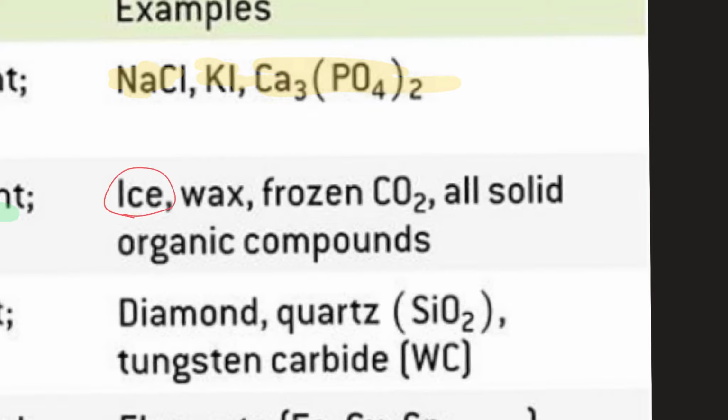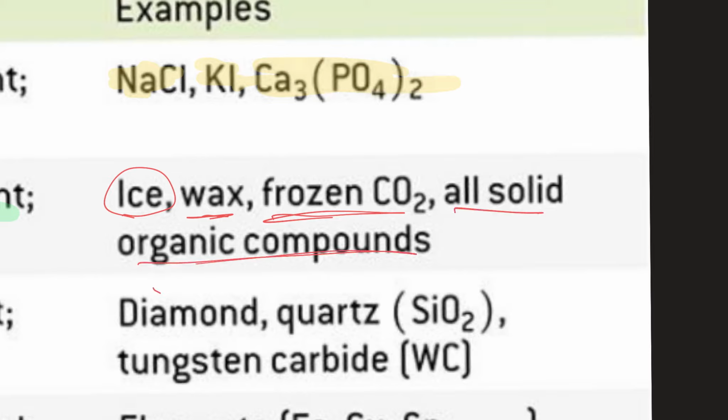ice. So water is bonded to each other by hydrogen bonding, which is an intermolecular force, right? Wax, they're bonded together, but mostly London dispersion force, some dipole. Frozen carbon dioxide, all right? So CO2 molecules are locked together by London dispersion forces. And all solid organic compounds.